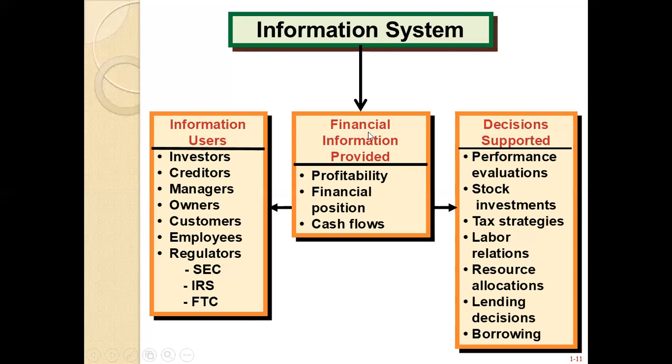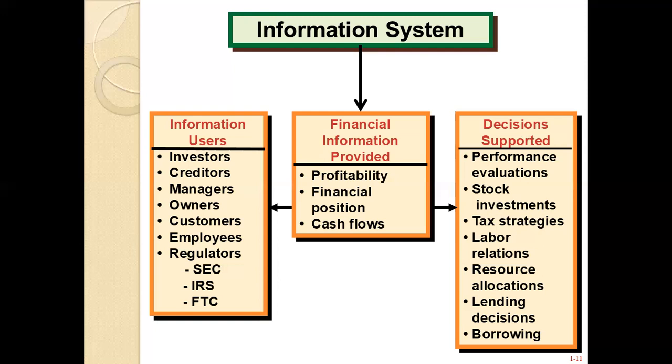Now for the financial information provided. Accounting information is provided to the accounting information users. There are three types of information. We already discussed it, but here in a separate form I will discuss it.